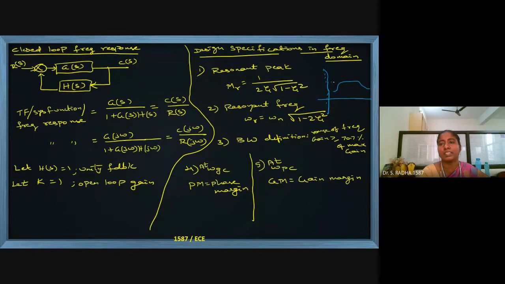This is the maximum gain, A maximum. We will take minus 3 dB, and that is nothing but A maximum divided by root 2. 1 by root 2 is 0.707 A maximum. When you convert it into percentage, it is 70.7%.